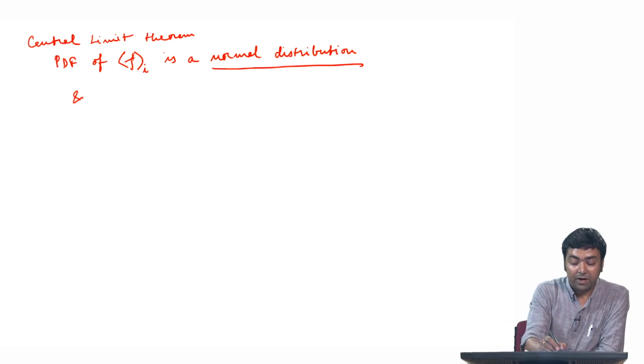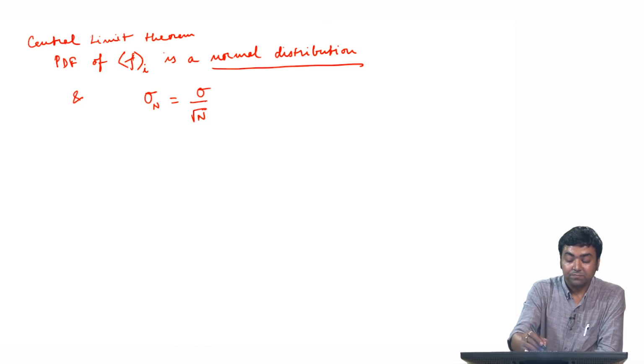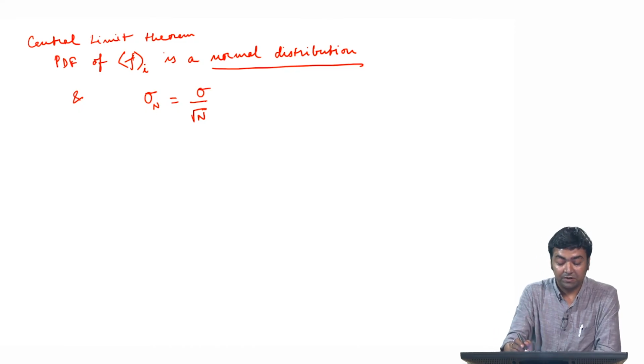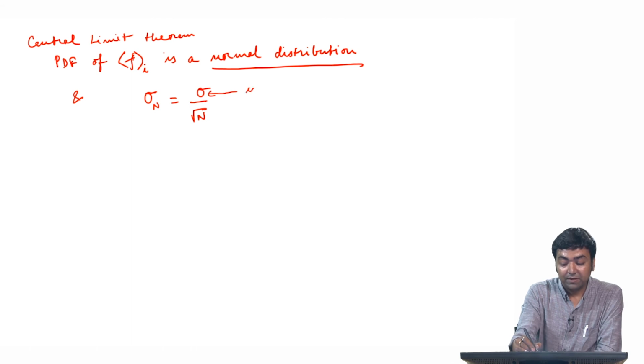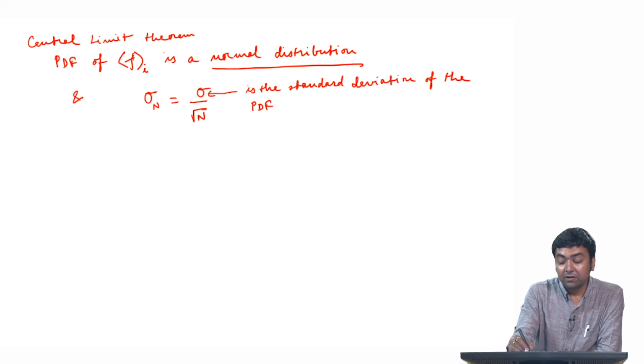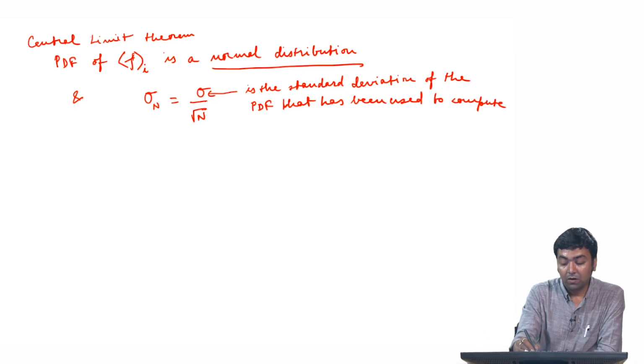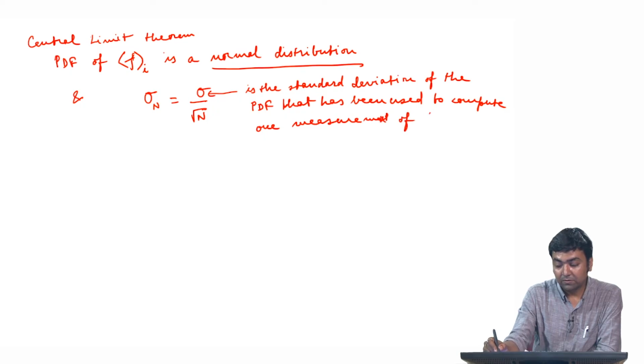So, my sigma for this case will be nothing but the standard deviation of the normal distribution function which it is generating, where this sigma without the suffix is the standard deviation of the probability distribution function that has been used to compute one measurement of f_j.